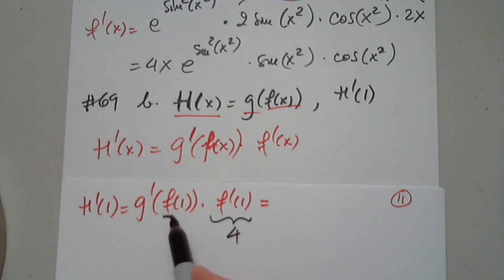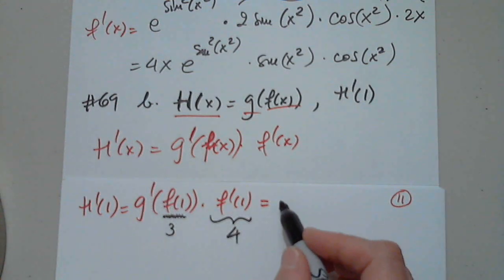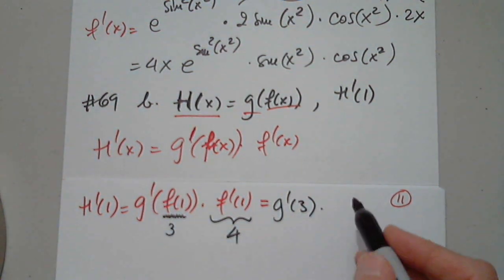Now I have to start with the inner. I have to find f of 1. Can anyone give us f of 1 from the table? 3. Yes, of course. So when x is 1, f of 1 is 3. Okay, so far I have g prime of 3 times 4.